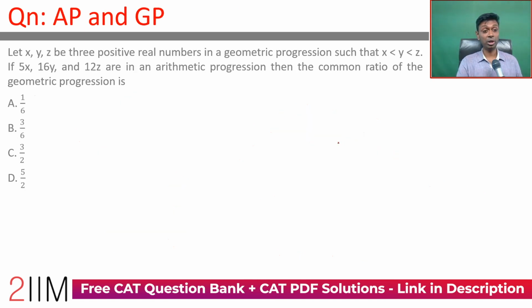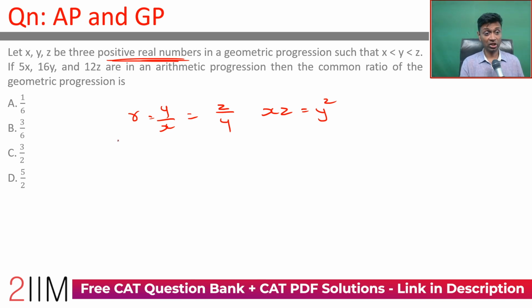Let x, y, z be three positive real numbers in geometric progression. Lovely. Positive real numbers. That usually simplifies questions. In a geometric progression such that x less than y less than z, y by x equals z by y. Xz equals y square. This is a common ratio. 5x, 16y and 12z are in arithmetic progression.